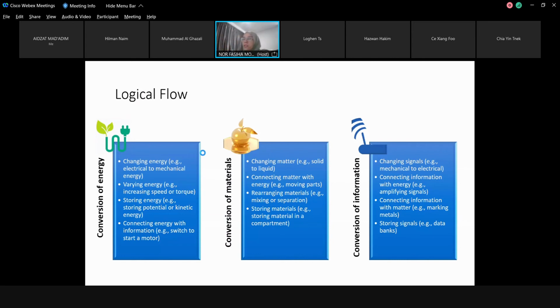You can refer to this; it is not all, but you can refer to it. There is conversion of energy, of material, and of information. Within every product there must be a flow of energy for that product to be able to do its work, its function. Understand? I'll show you an example later.